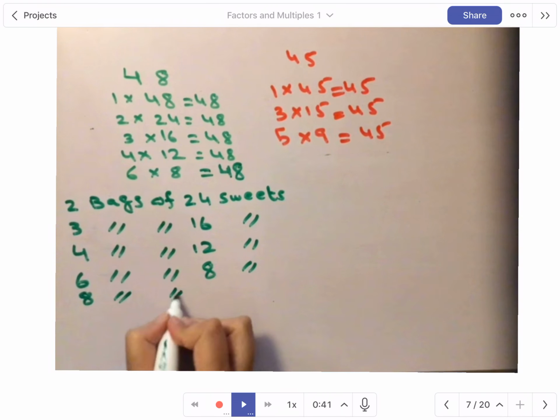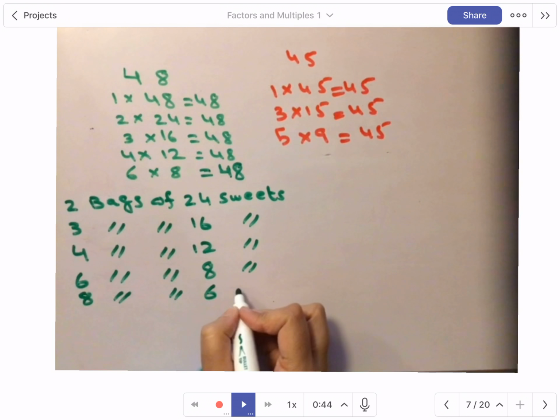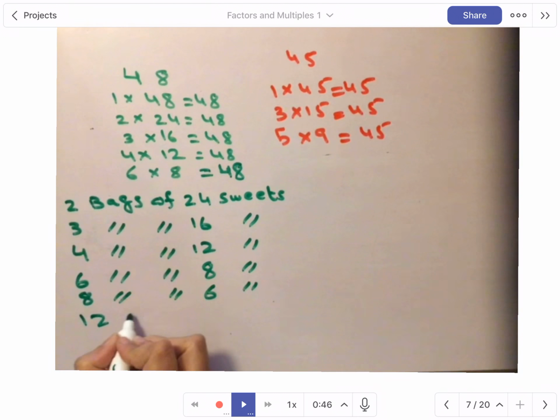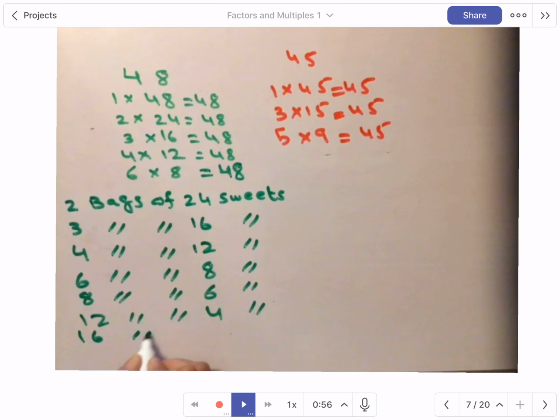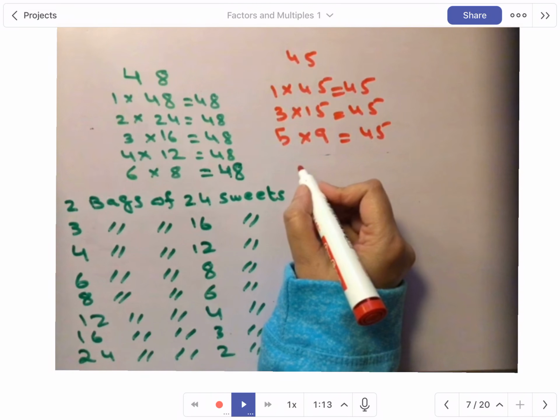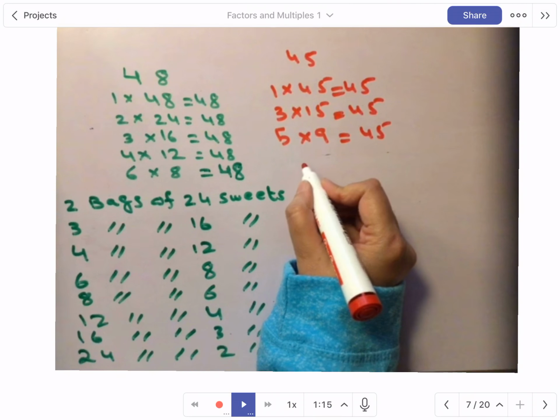So he can also have 8 bags of 6 sweets, 12 bags of 4 sweets, 16 bags of 3 sweets, or 24 bags each carrying 2 sweets. So these are all the possible combinations for Peter, who wants to divide his 48 sweets equally into bags.